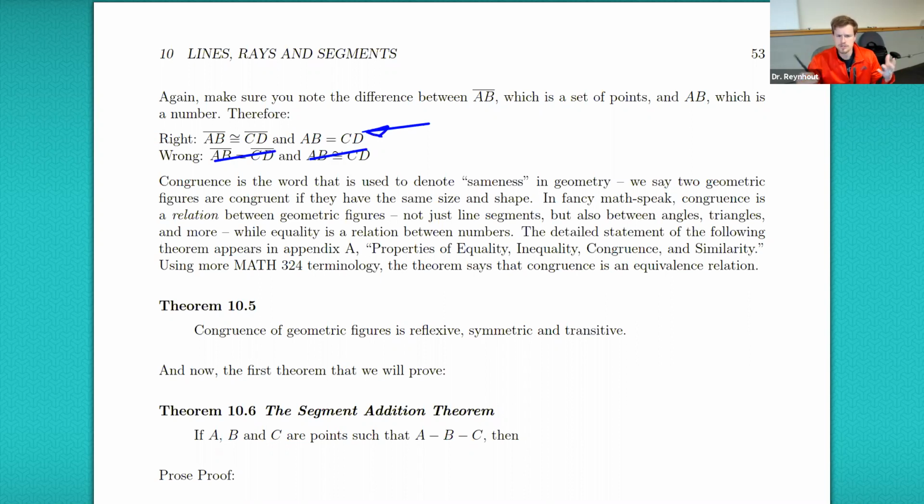So congruence is the word that's used to describe sameness in geometry. So when we talk about figures, we can say that two geometric figures are congruent, right? They're equivalent to one another, and this would mean that they have the same size and the same shape. So we've talked a little bit before in Math 220. So here they say 324, it should be 220.